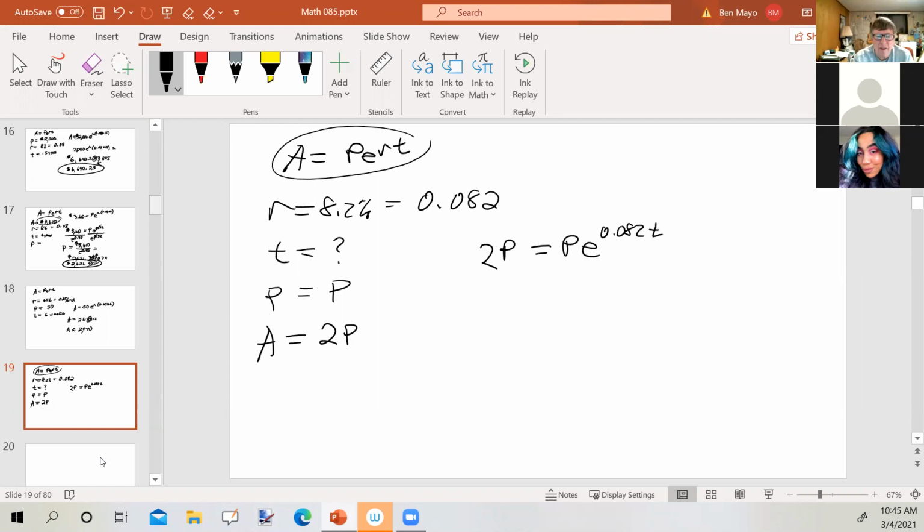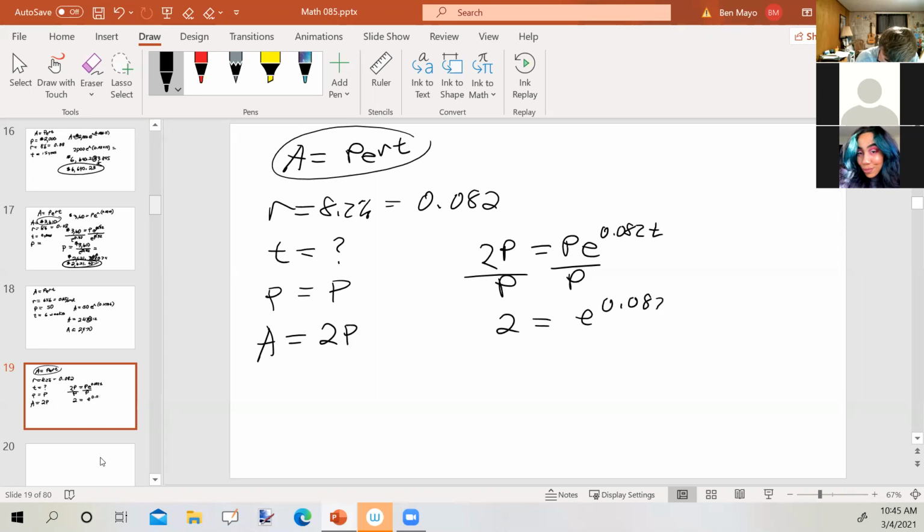Now, I'm trying to solve for T. T is wrapped up in that exponent on the base of E, so I can't separate that out at this point. But what I could do is I could divide both sides by p.